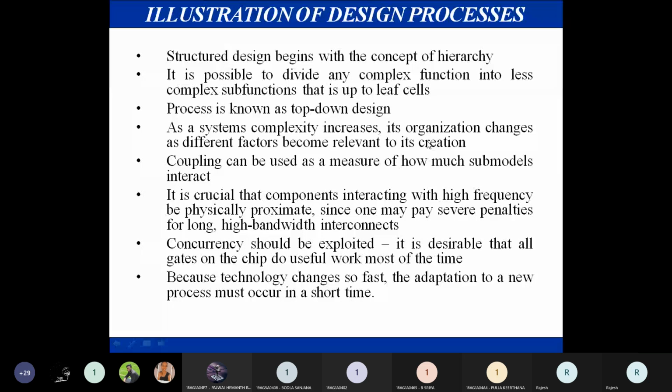Whenever there is a change in the design concept, the changes should be easily adaptable to the new logic in a short duration of time. So certain design process considerations are covered here, where you have to see that your subsystems are meeting the 5 entities, for which we are showing this architecture.